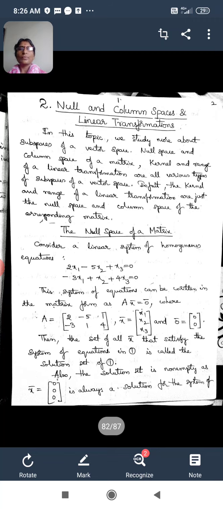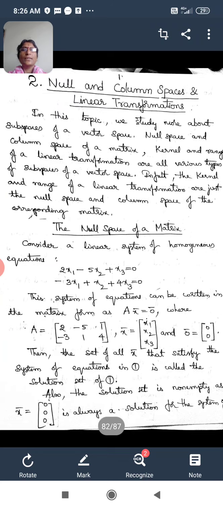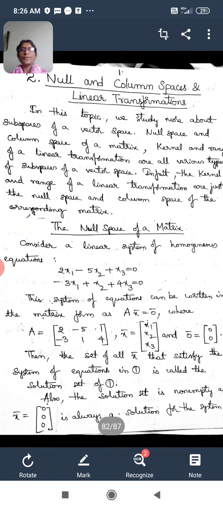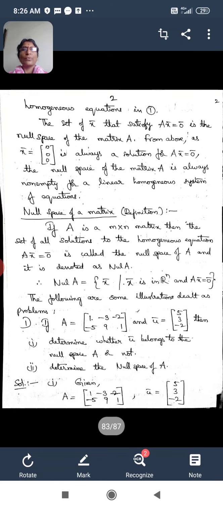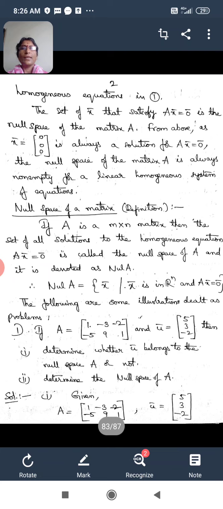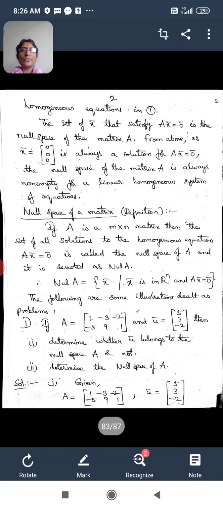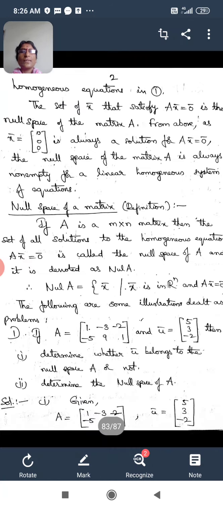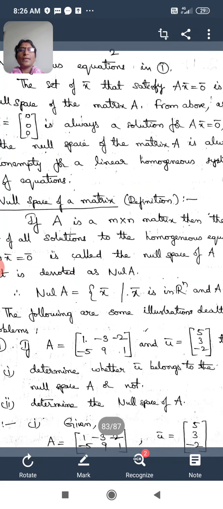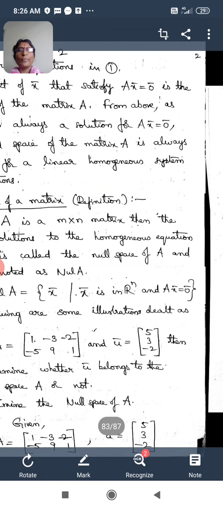To learn them, I have taken the null space of a matrix for this video lesson, and we have seen the introduction to get the concept of null A. We defined the null space of a matrix: null A is equal to the set of x bar such that A x bar is equal to 0 bar, that is, the set of all those solutions which satisfy the matrix equation A x bar is equal to 0 bar.